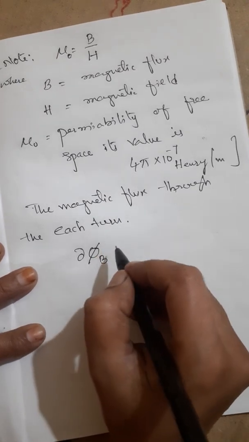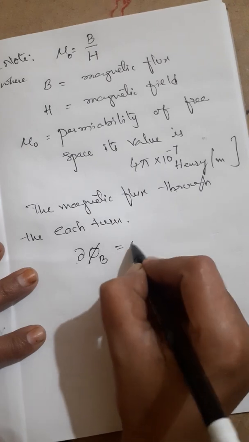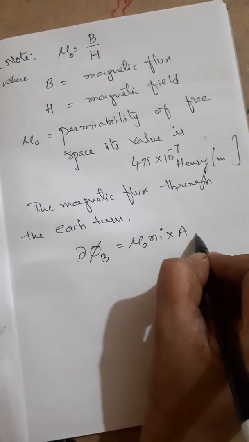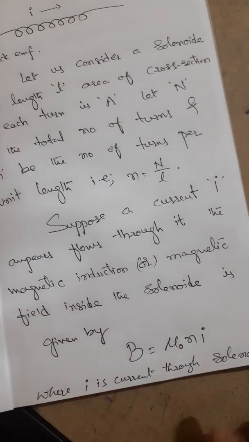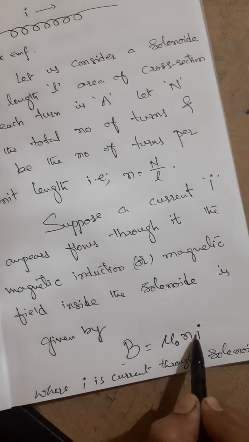We know that for smaller values we differentiate, so d phi B is equal to mu naught n I into A.